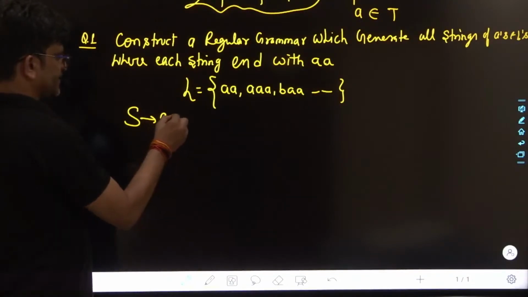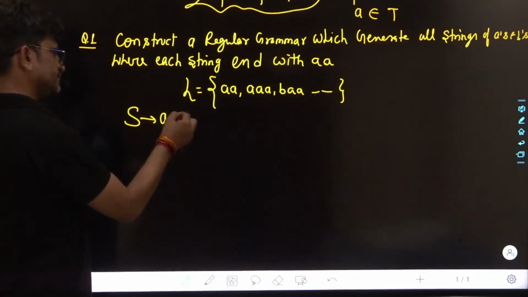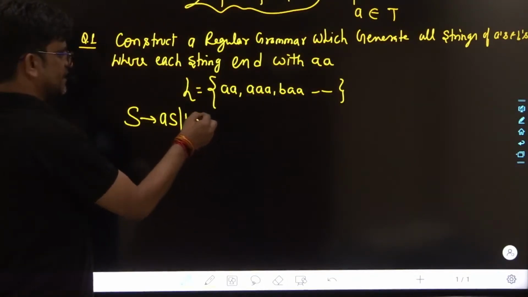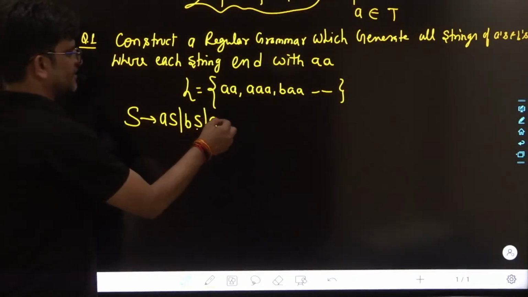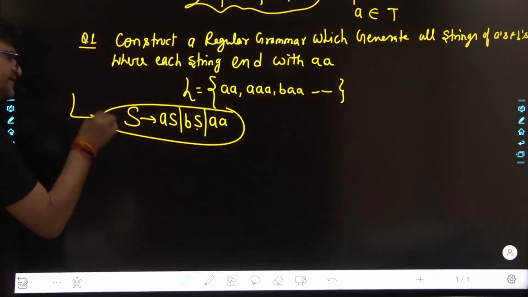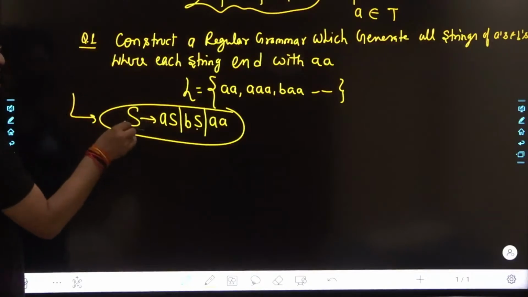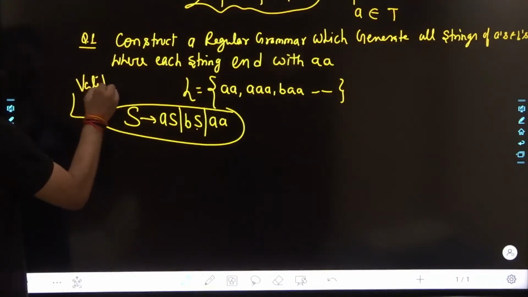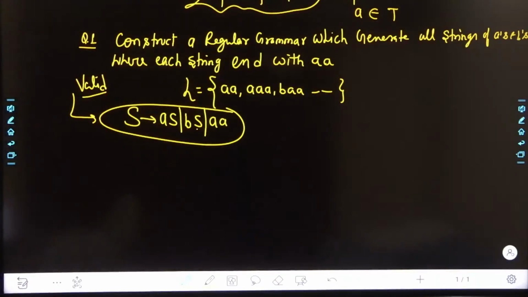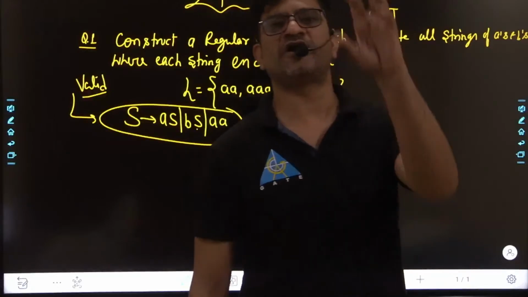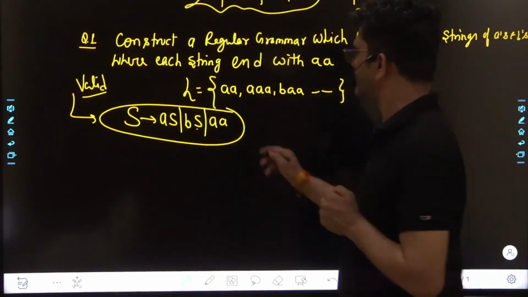It generates A S, B S, and terminates S with double A. This is also valid, but it does not follow the restricted right linear form. It is a valid regular grammar.